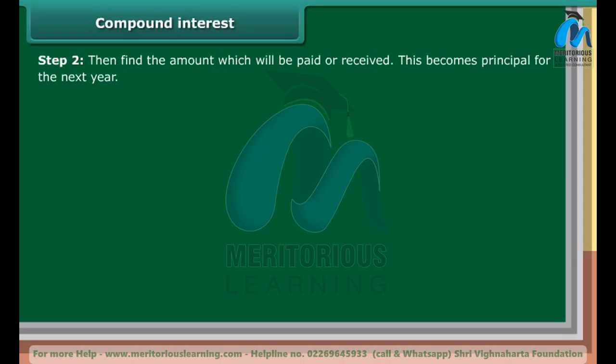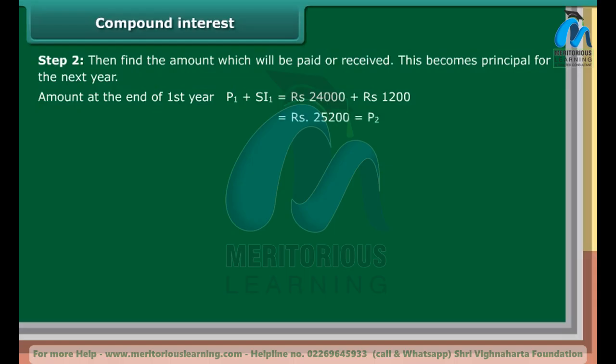Then find the amount which will be paid or received. This becomes principal for the next year. Amount at the end of first year is equal to P1 plus SI1, which is equal to rupees 24,000 plus rupees 1200, which is equal to rupees 25,200, which is equal to P2.